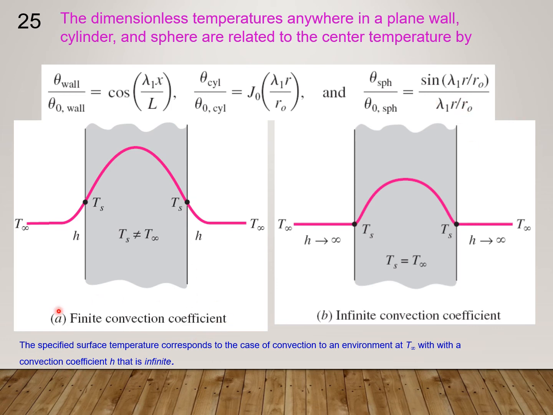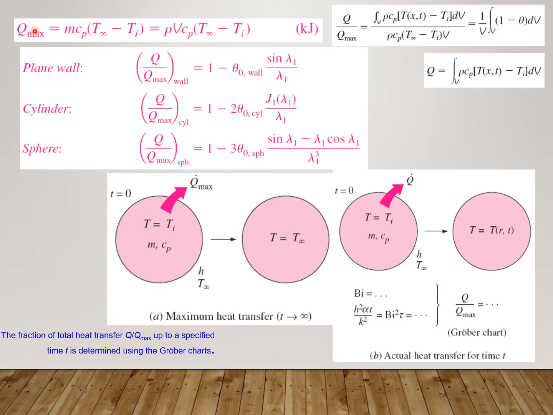This is the diagram for finite convection coefficient, and this is for infinite coefficient. The specified surface temperature corresponds to the case of convection to the environment T infinity with a convection coefficient h that is infinite. We will revise all the formulas.